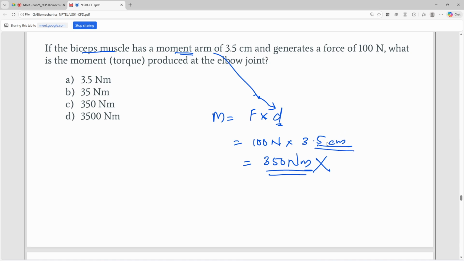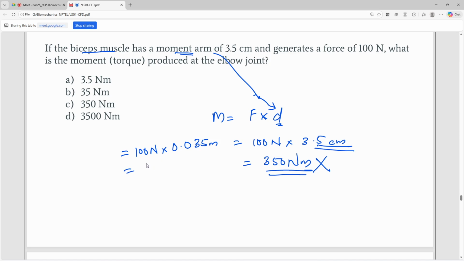Here the moment arm is 3.5 centimeter. So it will be 100 Newton into 0.035 meters, isn't it?